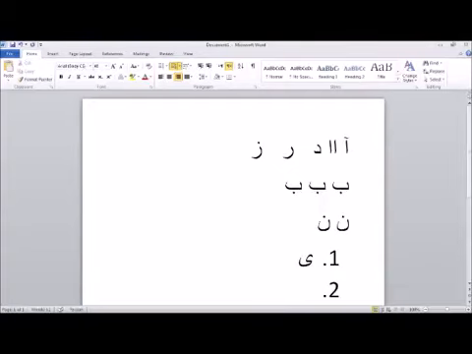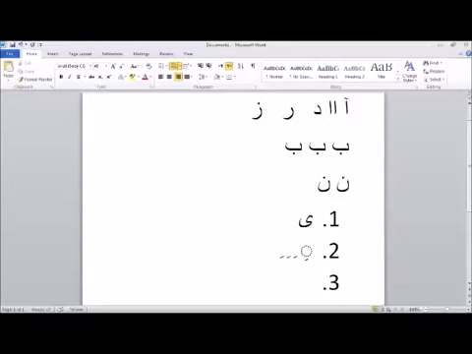The second one is A, but A does not have any letter to go with it, but we have a sign, and that's the sign you can see under it, okay? This is the sign for A. Then for the next vowel, we don't have any corresponding letter, so we put the sign on the top, okay?